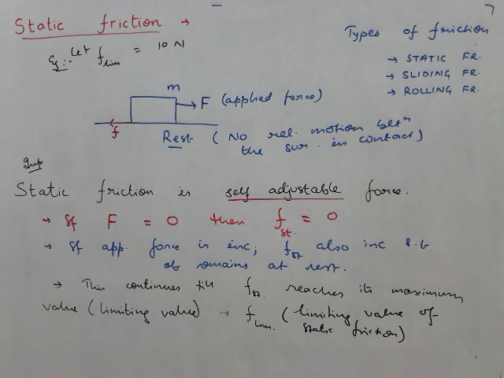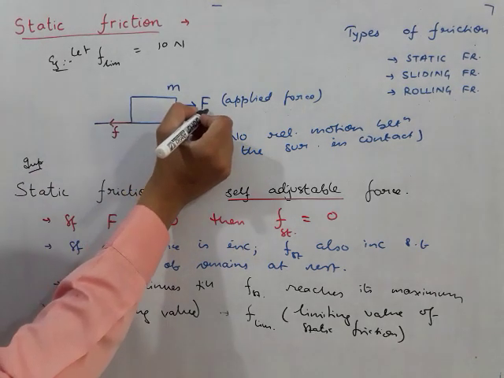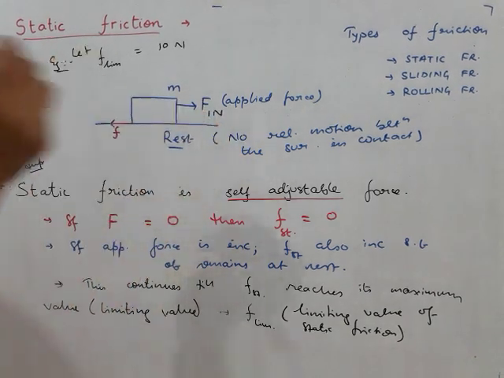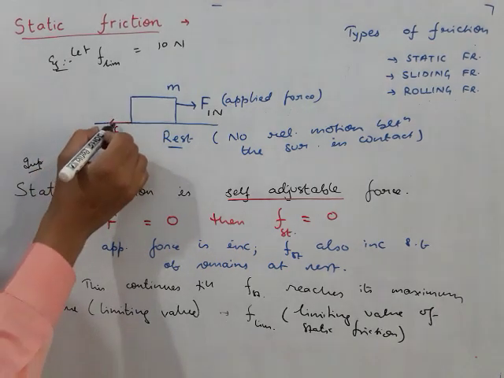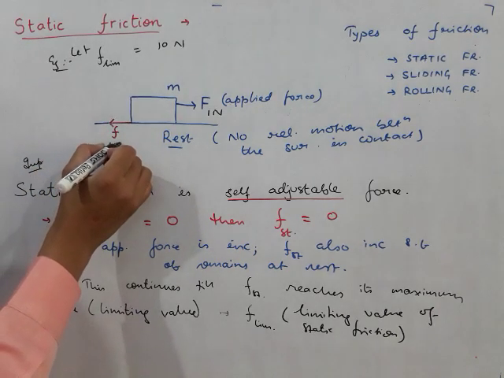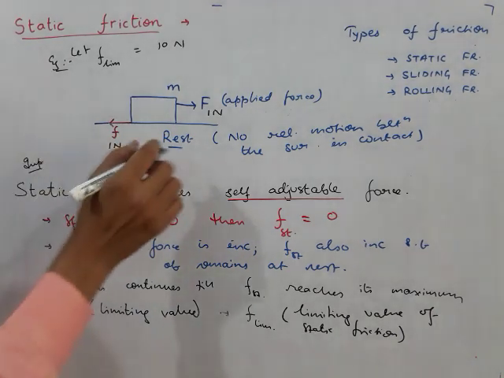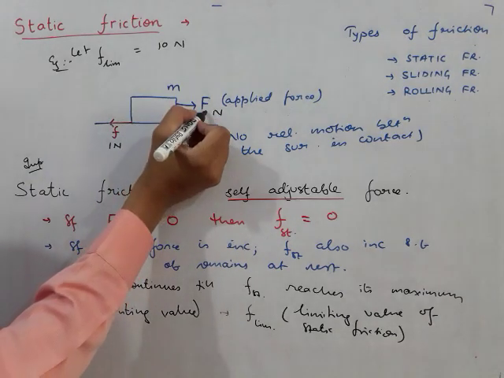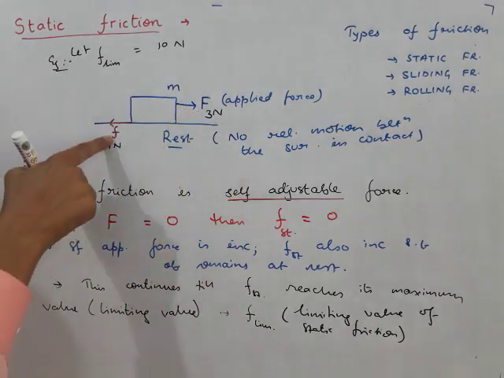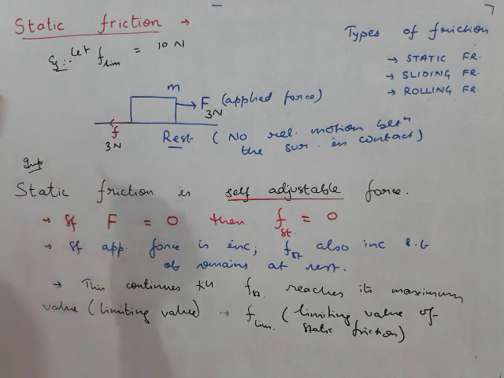So suppose the maximum value of static friction is 10 Newton. Suppose you apply a force of 1 Newton towards the right. Then this static friction will also be how much? 1 Newton. Now you increase your force to 3 Newton suppose. Then this static friction will also increase to 3 Newton.